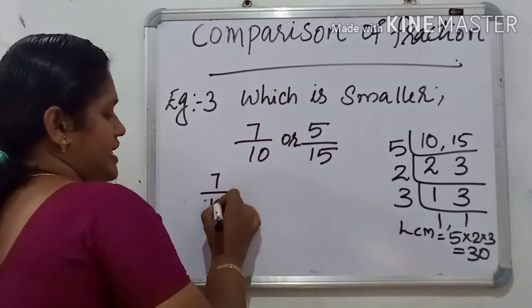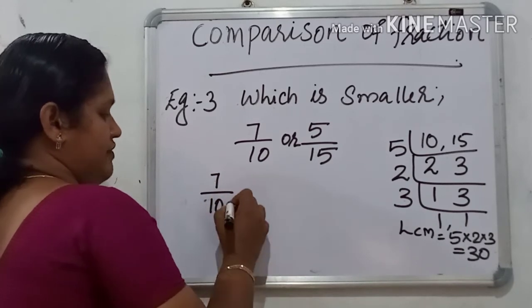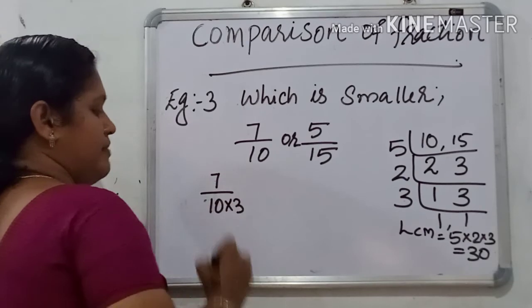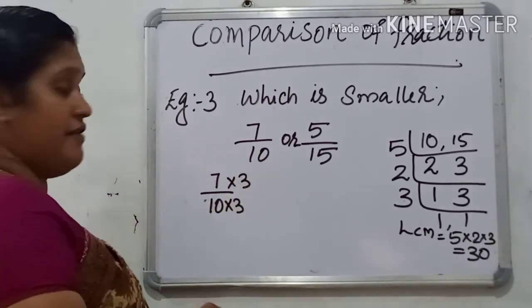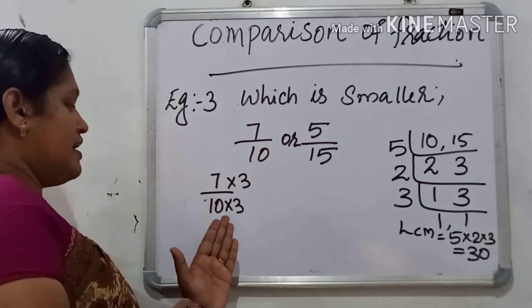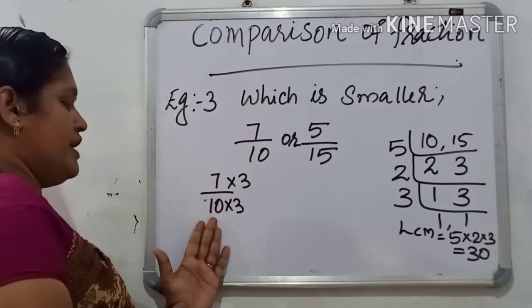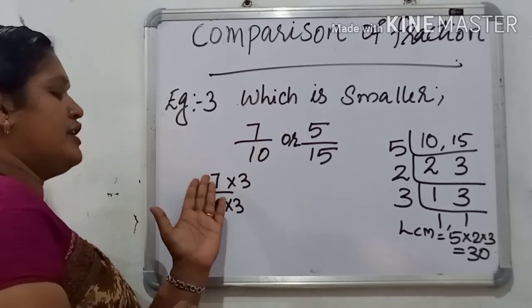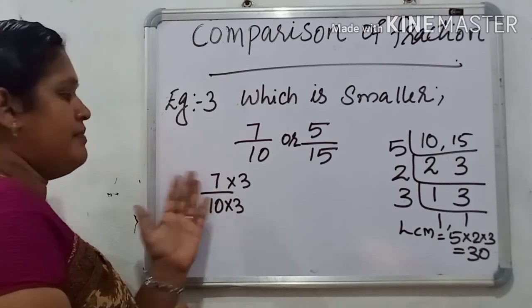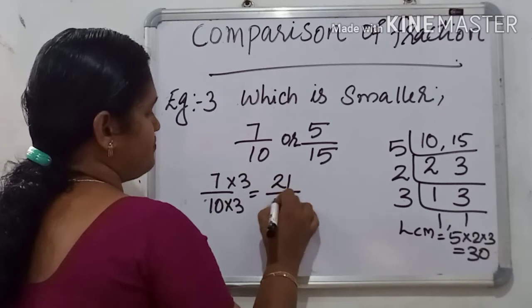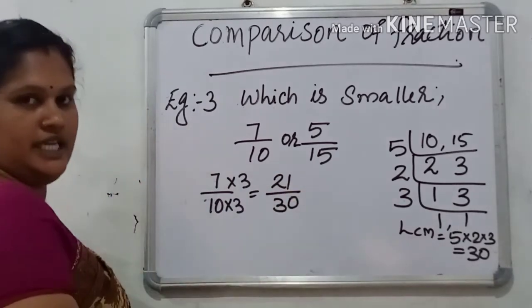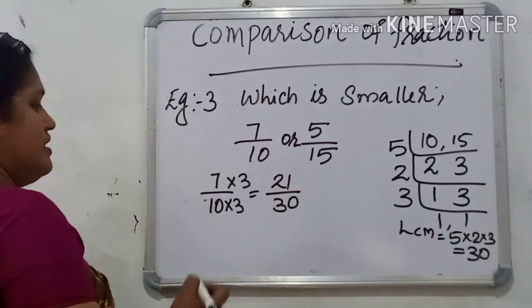Then 7 by 10. To convert the denominator into 30, we should multiply the denominator by 3, and the numerator also by 3. When we multiply the denominator by any number, we should multiply the numerator also by the same number, which gives 21 by 30.